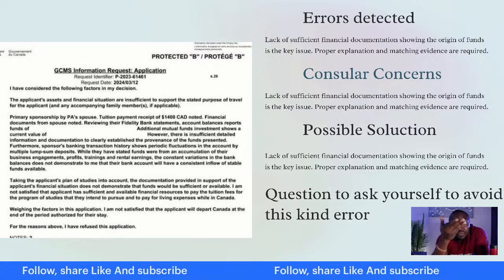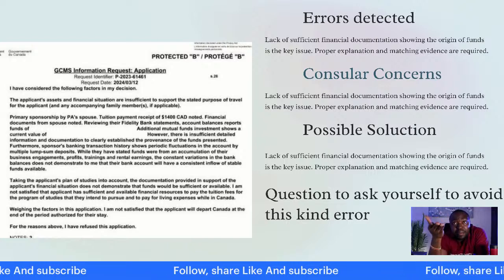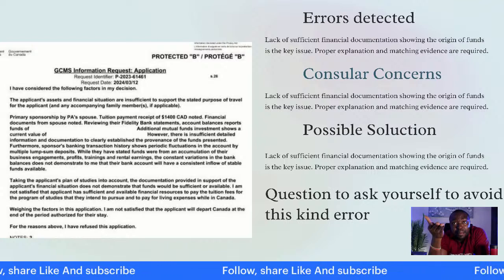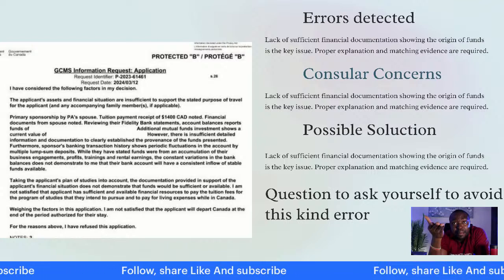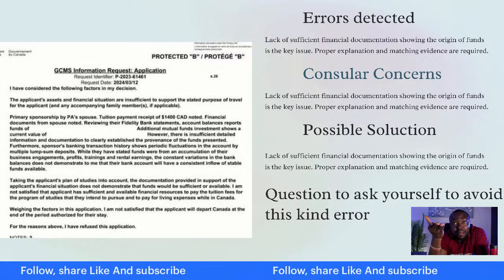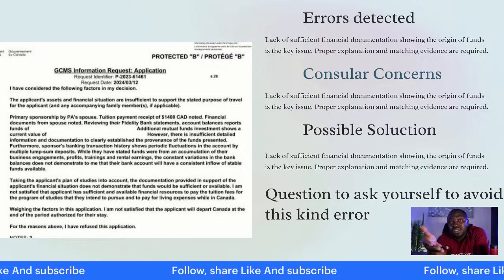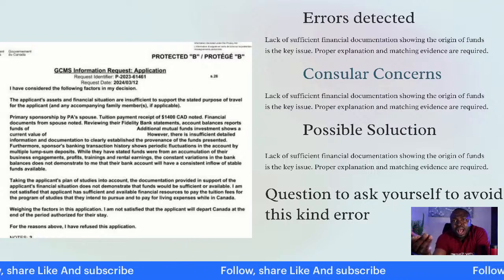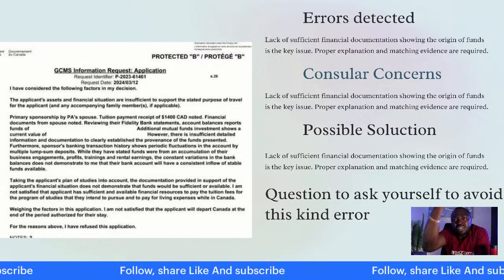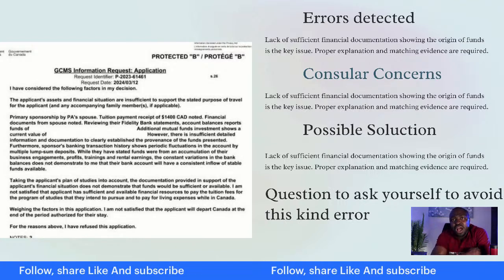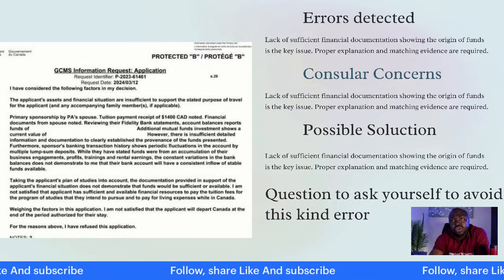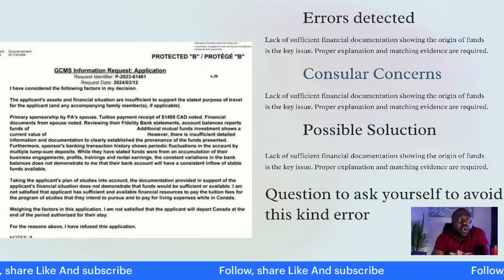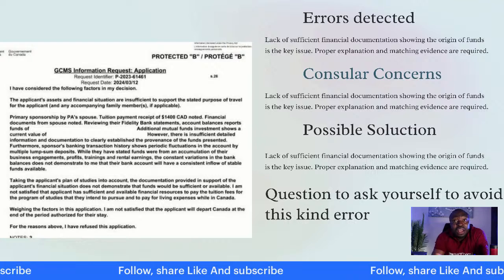Okay, let's say for example, you are going to pay for a school that will cost you an average of, let's say, $40,000 to $70,000 for your entire duration. And yes, you have that money, but the money comes in and goes out and comes in and goes out. It's not stable. So what would make them believe that this money is available?